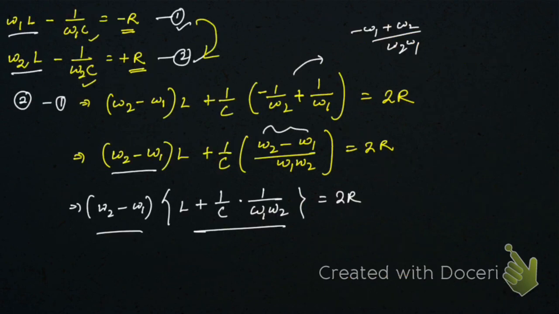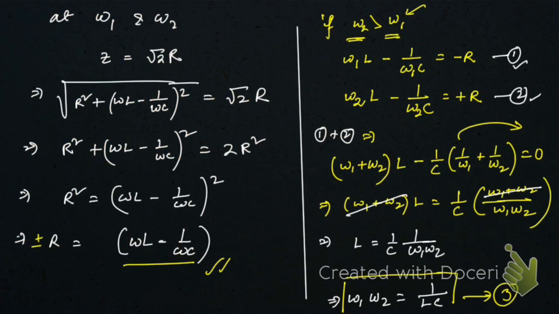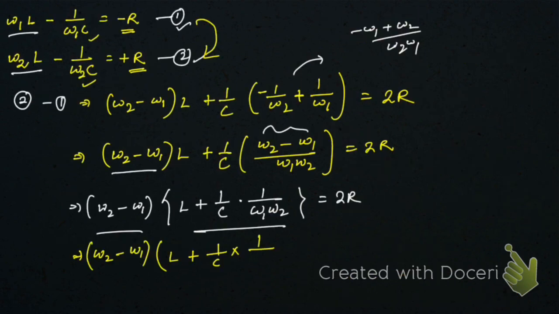Then what you will get is 1 by omega 2 minus omega 1 into L plus 1 by C into 1 by omega 2 omega 1, that is equal to twice R. And 1 by omega 1 omega 2 is going to give you LC. So hope you have understood this.